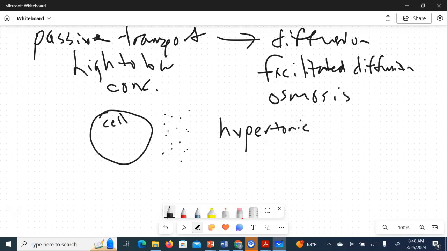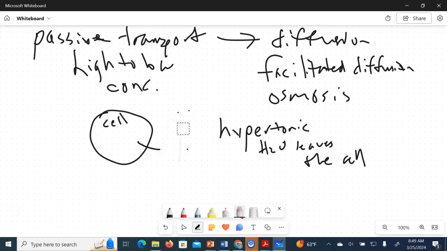In a hypertonic environment, there's more stuff on the outside of the cell than on the inside, so the water goes out. In a hypertonic environment, water leaves the cell. When you think about hypertonic, it's like putting salt on a snail. You make the outside of the snail hypertonic, and all the water leaves, and the snail dies horribly. That's for science. Okay, so hypertonic: water's leaving the cell.